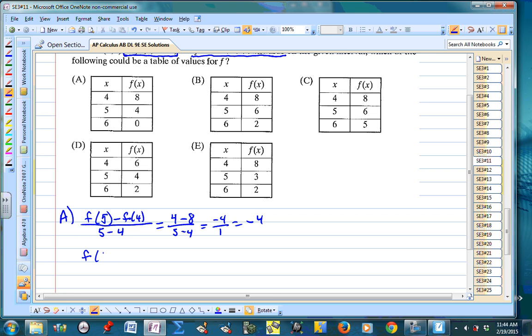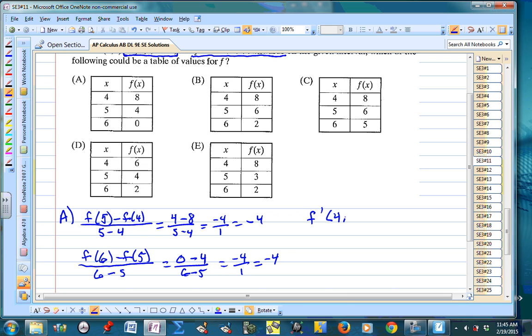Once again, we're going to use f of b minus f of a all over b minus a. It's going to give us 0 minus 4 over 6 minus 5, which is negative 4 over 1, which is negative 4.